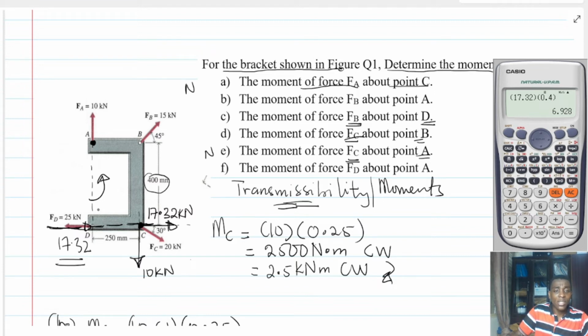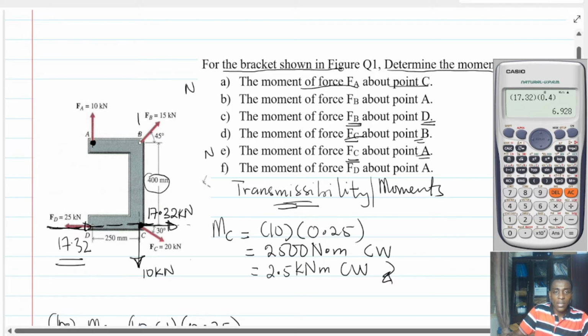Now please watch this. The 10 kilonewton is here, so the line of action must pass through this point like this. Do you see? That is the line of action of the 10 kilonewton force. Therefore, I just need the distance to meet this line, which is coming all the way here.